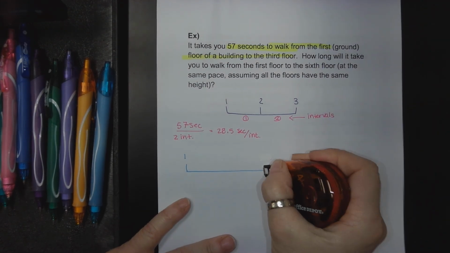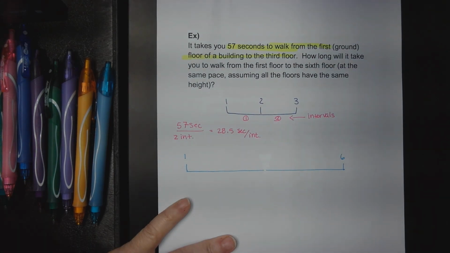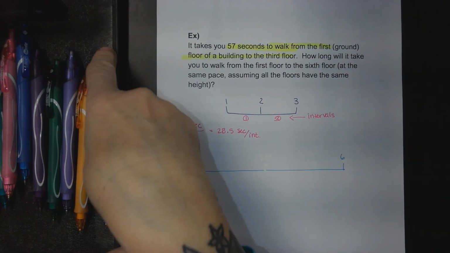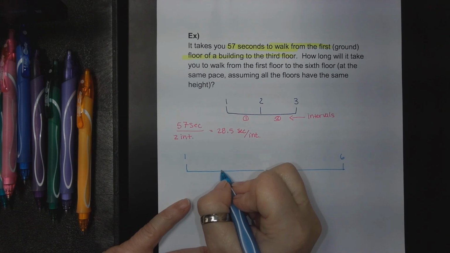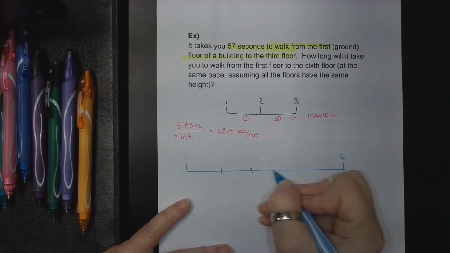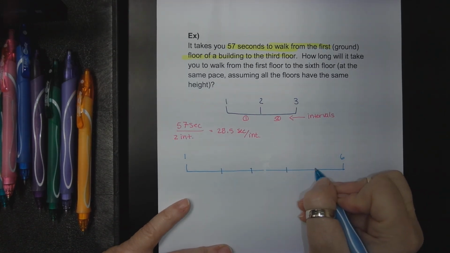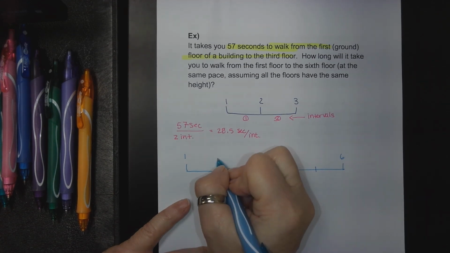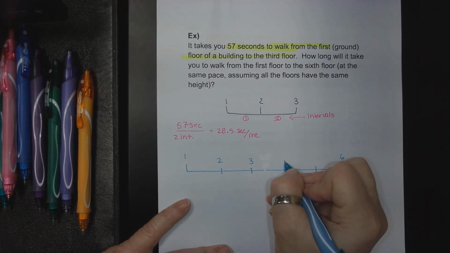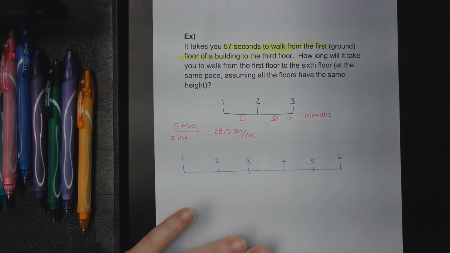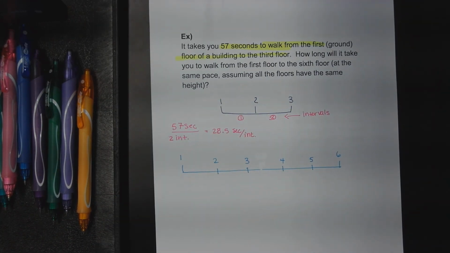Ignore that. So 2, 3, 4, 5. So here's 2, 3, 4, 5. Yeah, that's better. Sorry about the 3.